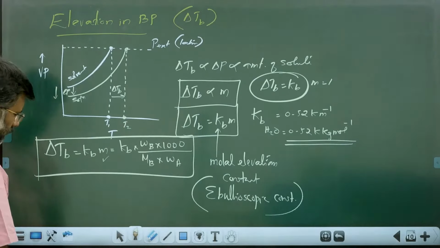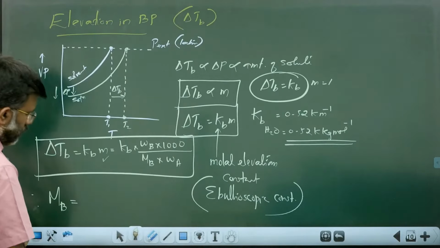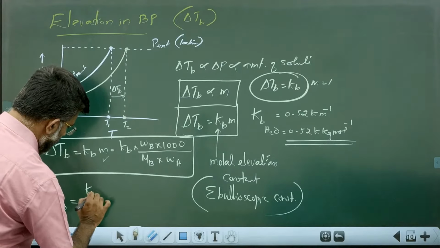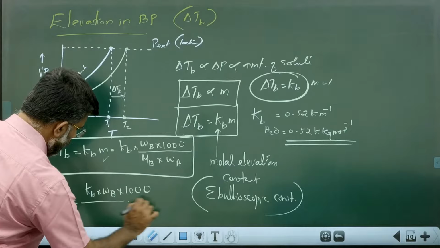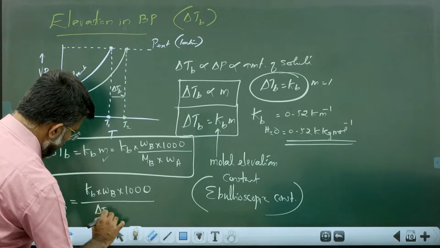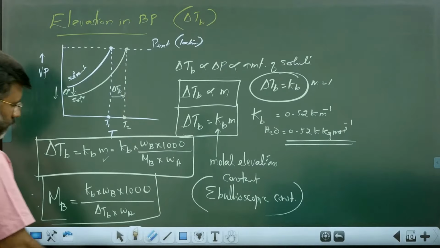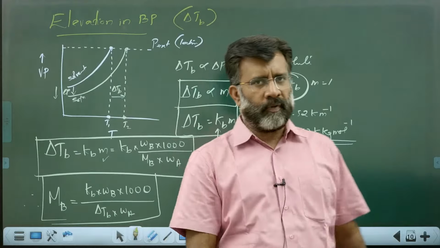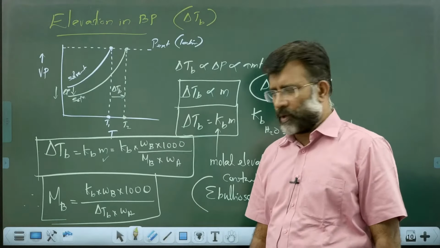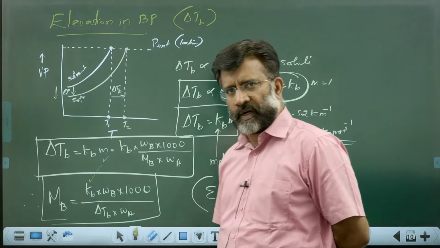Now, what is Mb, the molar mass of the unknown solute? It will be Kb into weight of solute into 1000 divided by delta TB into weight of solvent in gram. So what all things must you note down to find out the molar mass of a non-volatile unknown solute? You must know which is the solvent, thereby what is Kb.